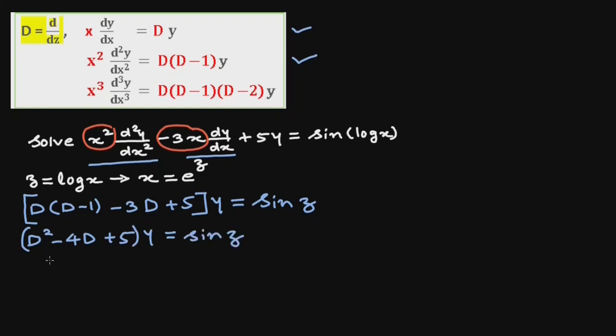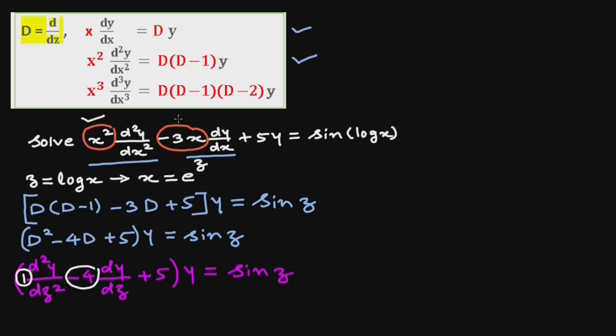In terms of differentials, this will be d2y upon dz square minus 4 dy upon dz plus 5y equals sin z. Here the coefficients of differentials are constants: 1 in place of x square, minus 4 in place of minus 3x, etc. This is a linear differential equation with constant coefficients which can be solved by usual methods.